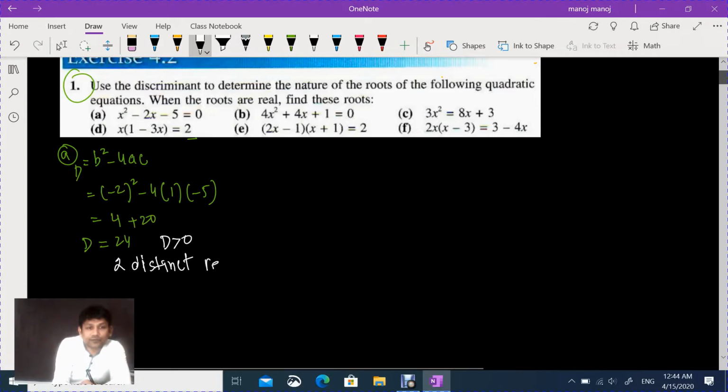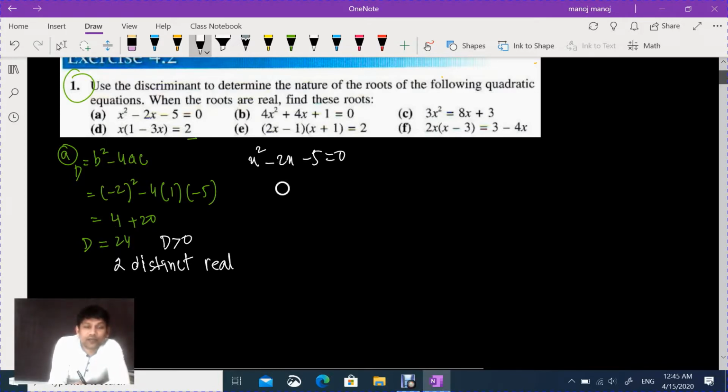real roots. Okay. When the roots are real, we can use the quadratic formula to find the value of x. Like we have x square minus 2x minus 5 equals 0. Multiply to get 5 and add to get 2.